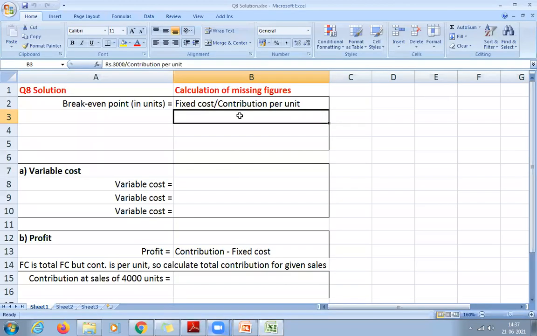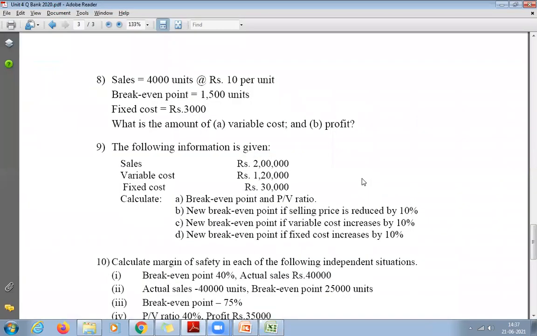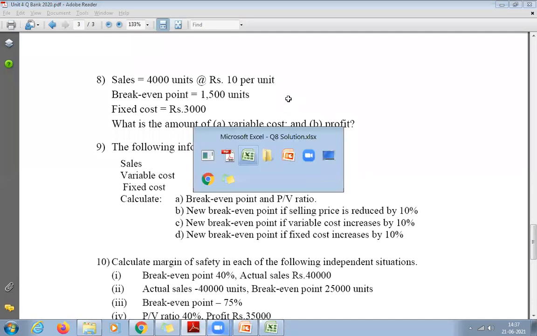Contribution we don't know. Why can we not calculate contribution? Because only sales, fixed cost and variable cost are given. So we need to calculate contribution. If I get the contribution and subtract it from sales, I'll get the variable cost. That's what we're going to do now.